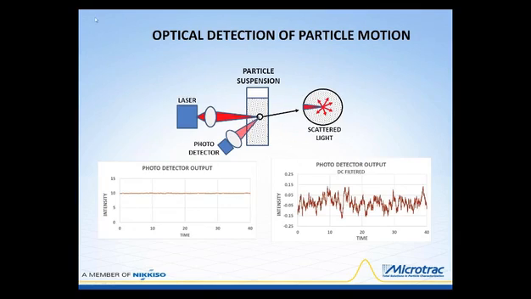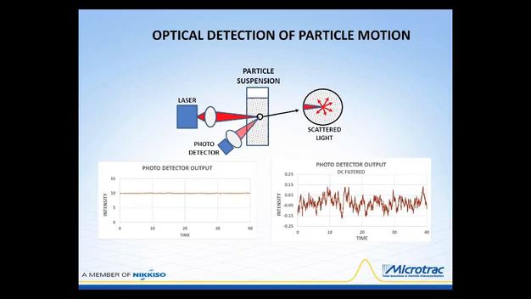A basic setup for the optical detection of the particle motion is shown here, where a laser beam is focused into a particle suspension at a point that is considered the viewing volume.